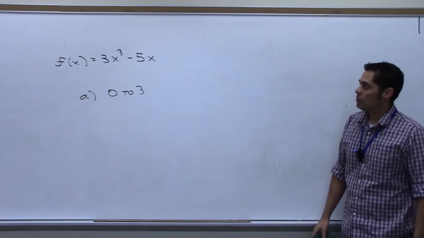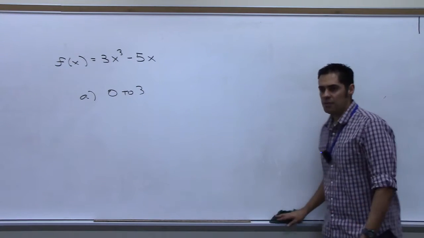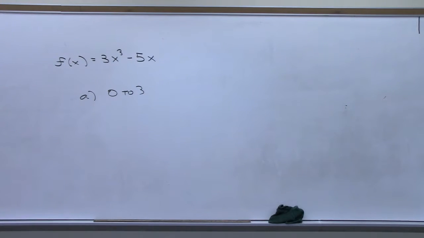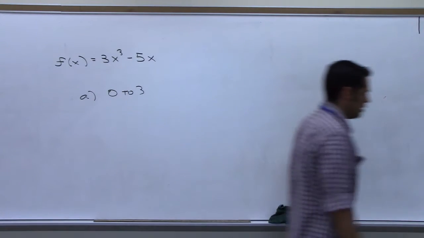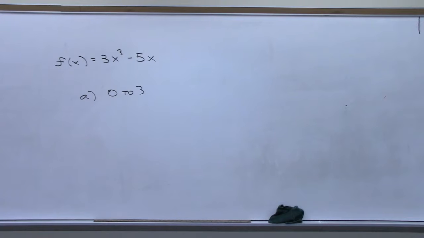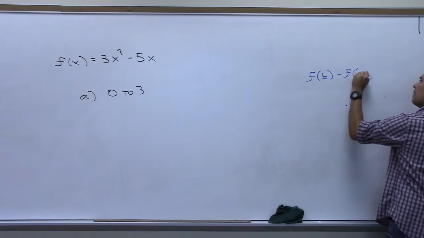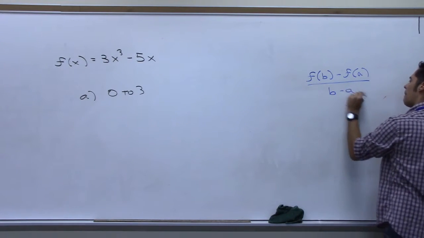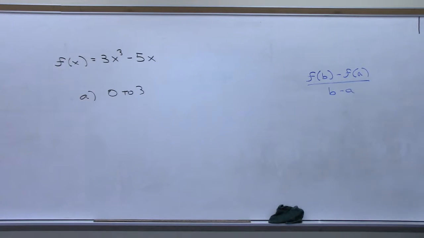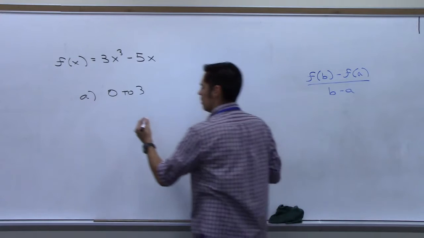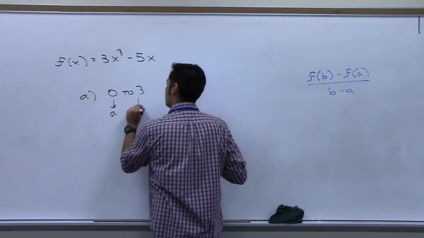So in our formula, what's the 0, what's the 3? I erased the formula we're using. It was f of b minus f of a over b minus a. That's what we're going to use. What's a? What's b? 0 would be a and 3 would be b. Yep, that's it right there.